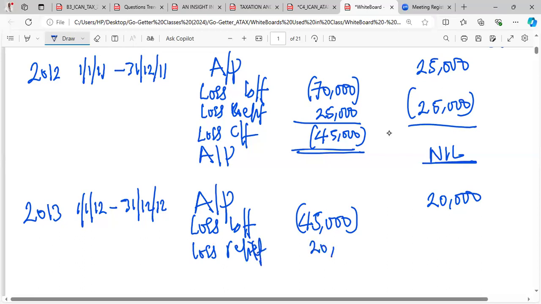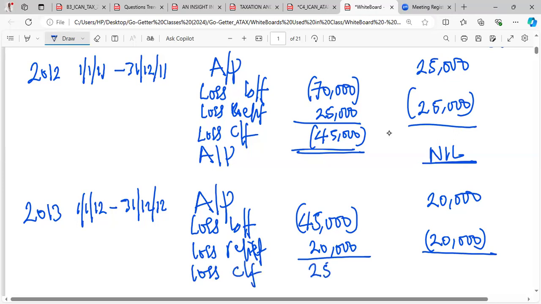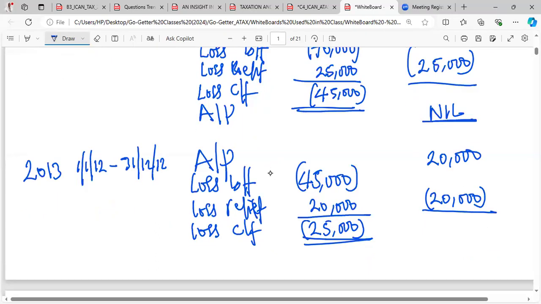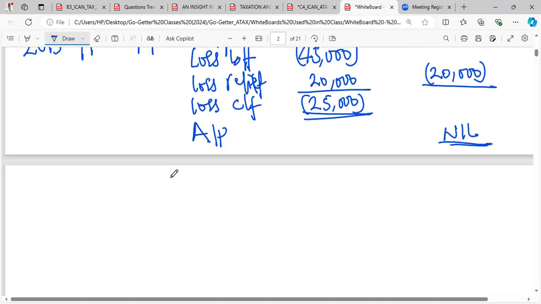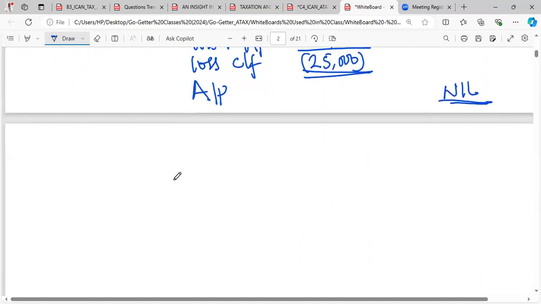Pay 20. Loss carried forward. This should be 25. And of course, your assessable profit is nil. We now go to 2014.